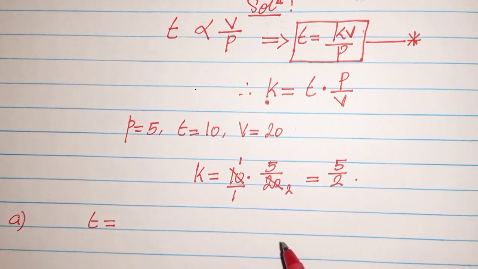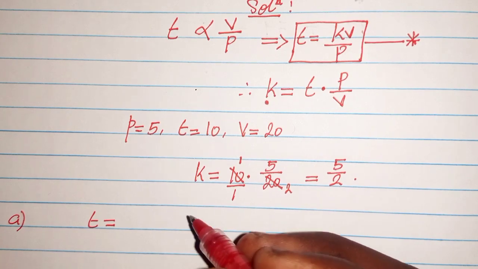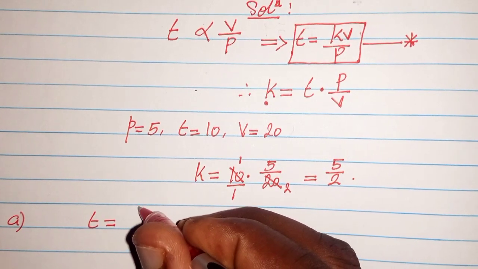So the relationship will be T equals K, which is now 5 all over 2.